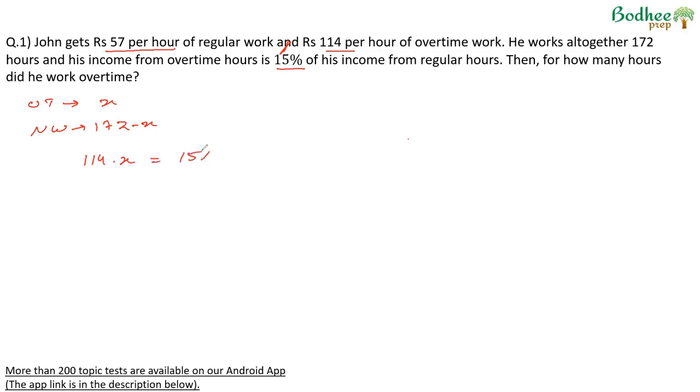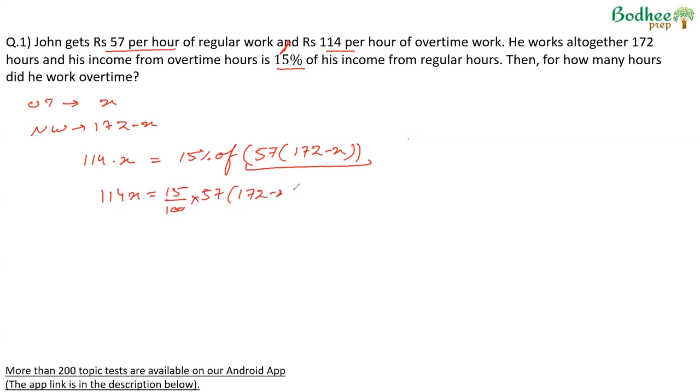This is 15% of his income from regular hours. Income from regular hours will be 57 into 172 minus x. 15% of that is the income from overtime, and therefore 114x is equal to 15 upon 100 into 57 into (172 minus x).